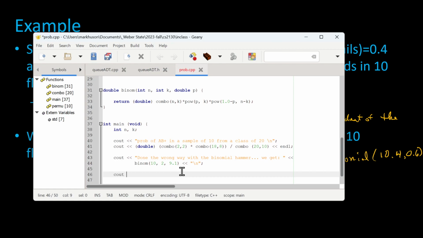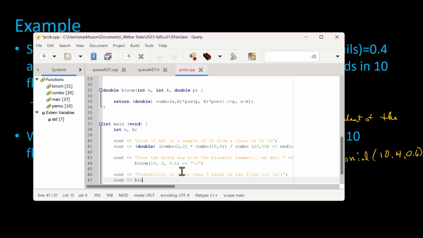So cout the probability of fewer than 5 heads in 10 flips is. I could just keep the same cout going like I did above, but that's okay.